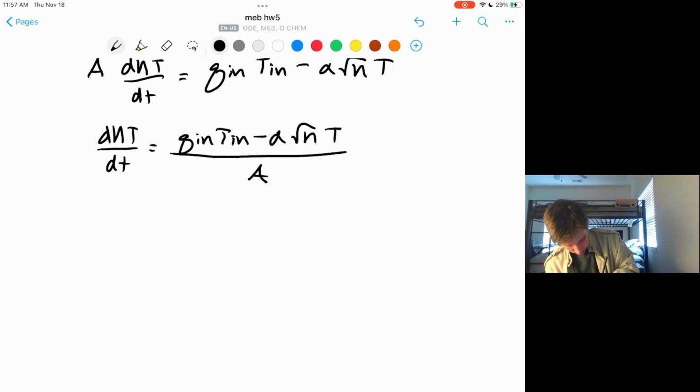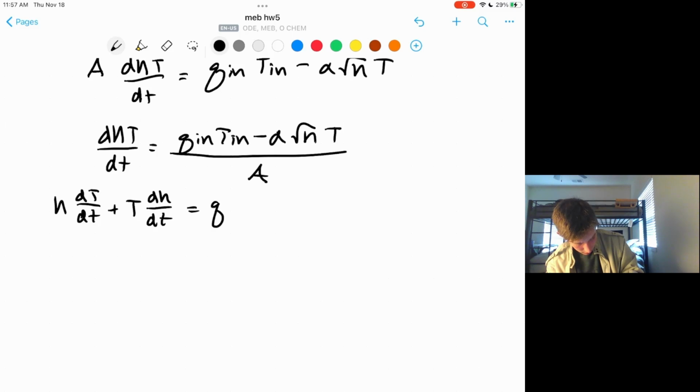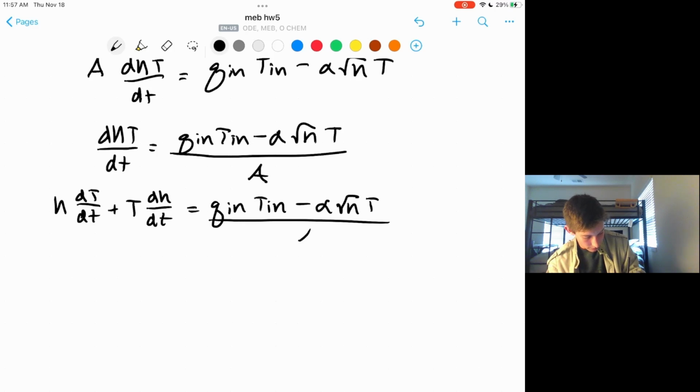So we get h dT/dt plus T dh/dt equals the same right hand side because we haven't done anything new to that yet. And then we just use algebra to get dT/dt.